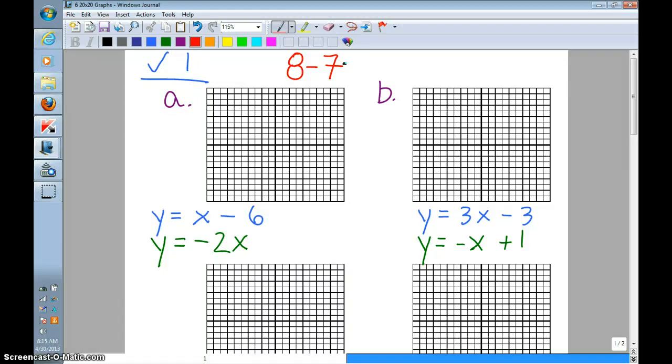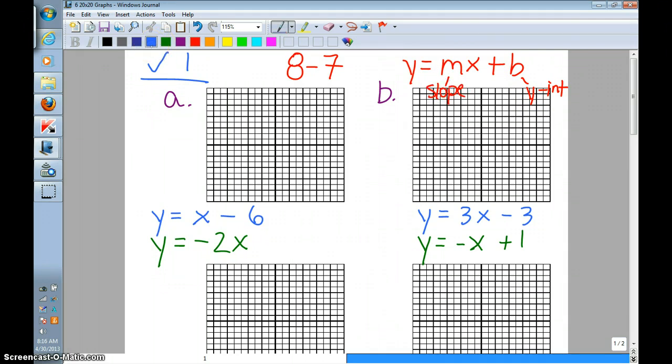We're going to have to go back to always having it in y equals mx plus b form, where b is the y-intercept and m is the slope. So again, we're going to have to remember that.